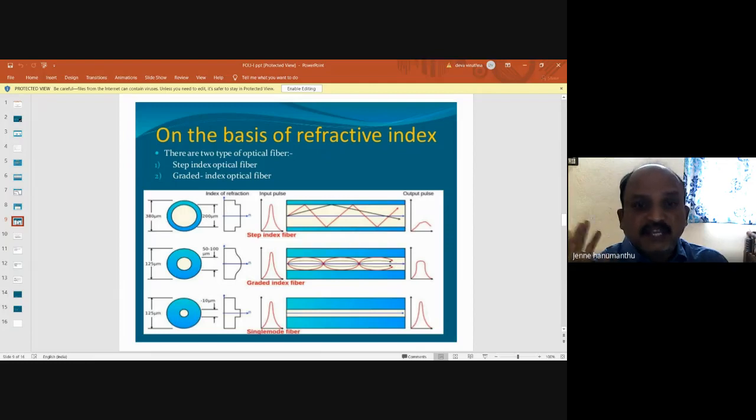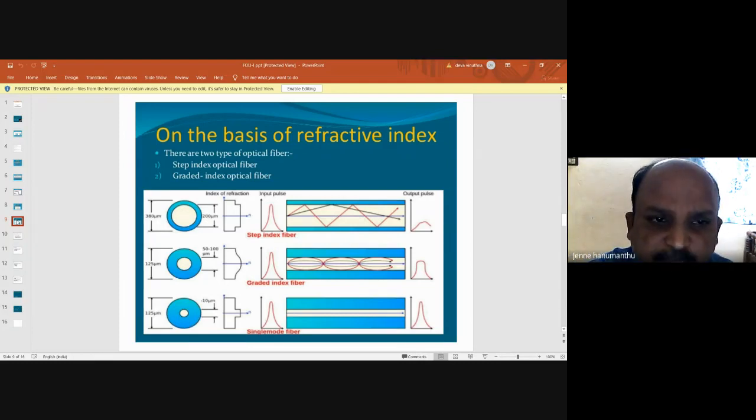My point is, take one optical cable and see the first end. If you see the first end surface, whether it is step index or graded index, we can identify based on the refractive index.